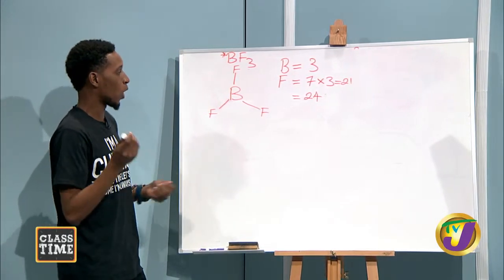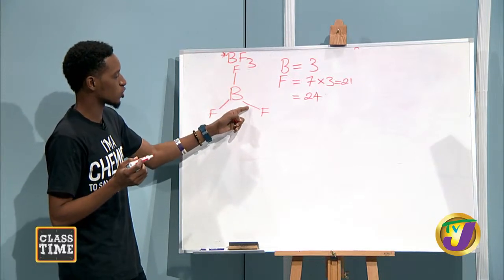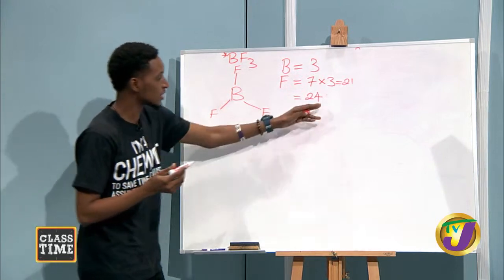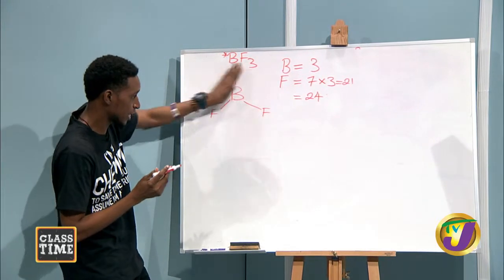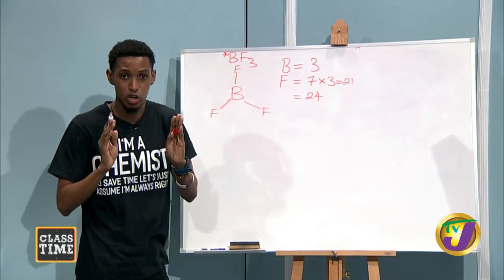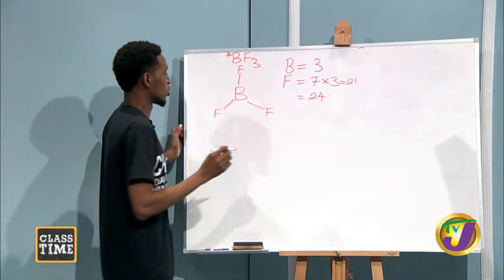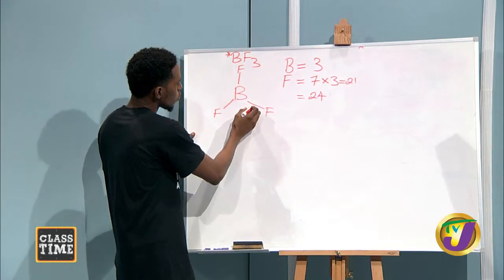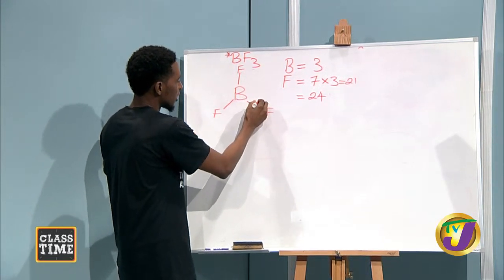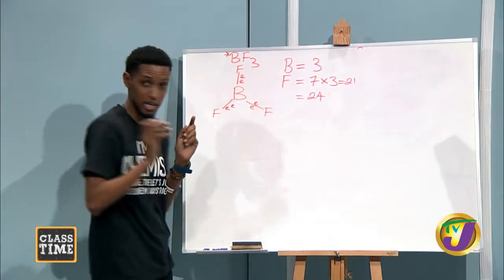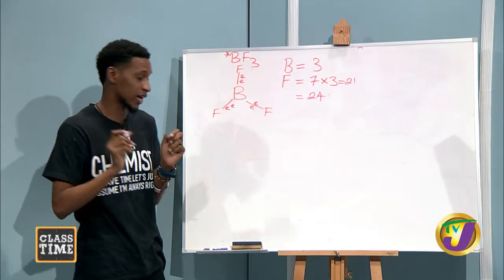Now, what we should do next is to subtract the bonding electrons from this total. This is telling me that this system right here has a total valence electron count of 24. So since we have an electron here, electron here, electron here, electron here. Because 2 electrons make up a bond, it's important to note that.